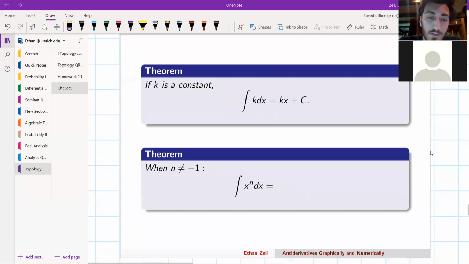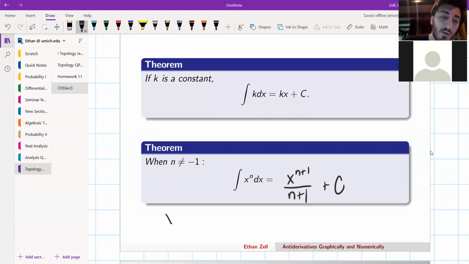The other thing is, when n is not -1, the rule we've been using so much and sort of guessing and checking is actually formally true. So when n is not -1, then I get 1 power higher for my x, and I have to divide by that power that I'm raising it to. And then, of course, I have to add my c because it's indefinite. So why can't I do this for -1?